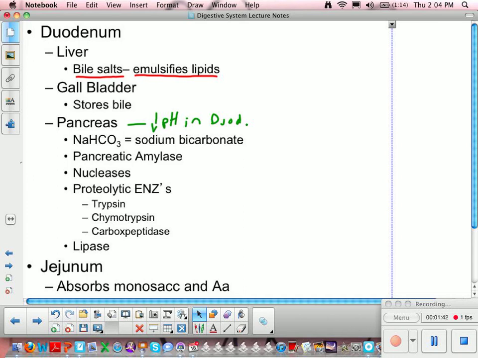The first one is sodium bicarbonate, and that sodium bicarbonate is there to increase the pH, or another way to say that is to decrease the amount of acid, because the duodenum isn't protected by the nice mucus layer that the stomach was.